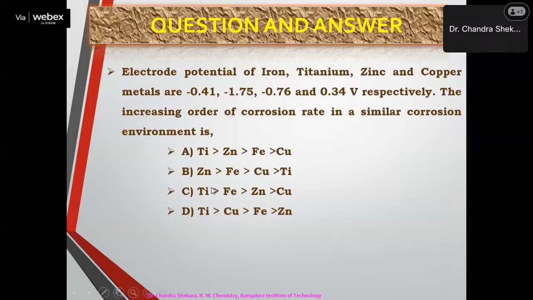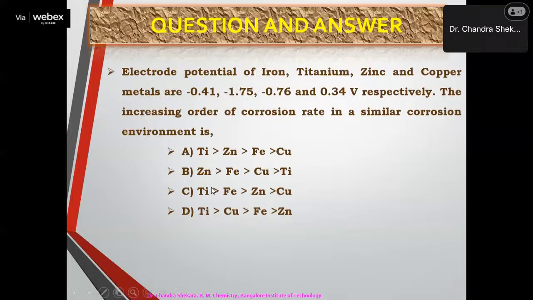So in this particular question, I'll read out the question here. Electrode potential of iron, titanium, zinc and copper metals are minus 0.41, minus 1.75, minus 0.76 and 0.34 volts respectively. The increasing order of corrosion rate in a similar corrosion environment is.